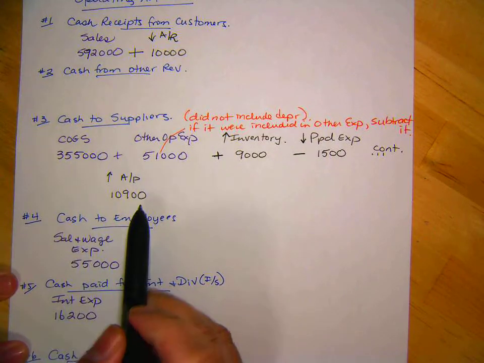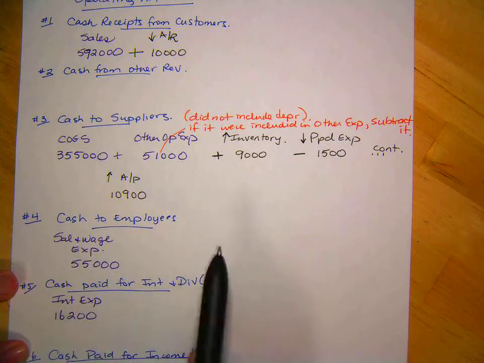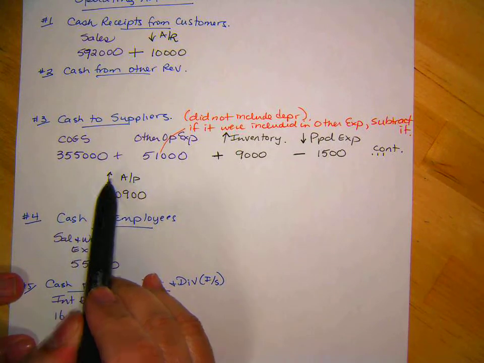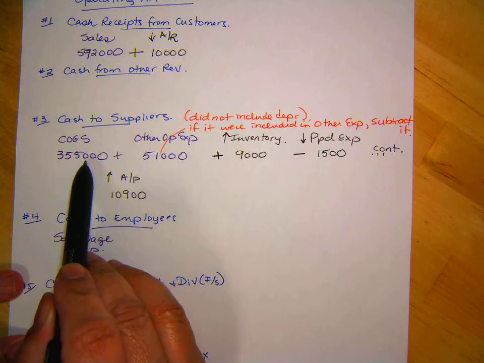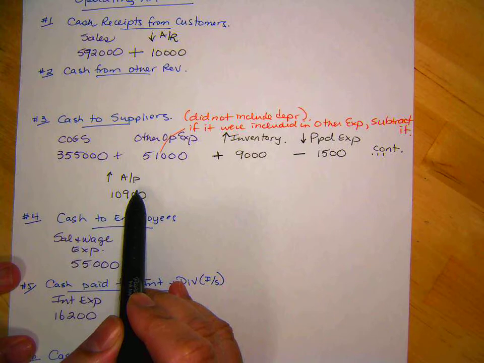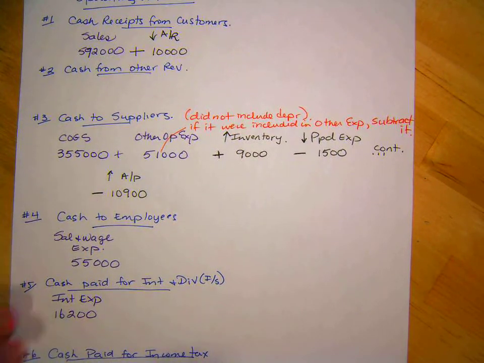So remember, we're converting these two income statement items to cash. So if accounts payable went up, that means we didn't pay all of this in cash. We put some on account. So we will have to subtract it. And check it off.